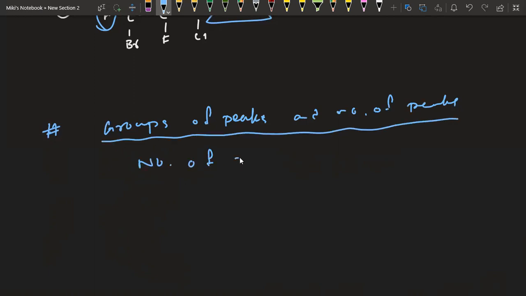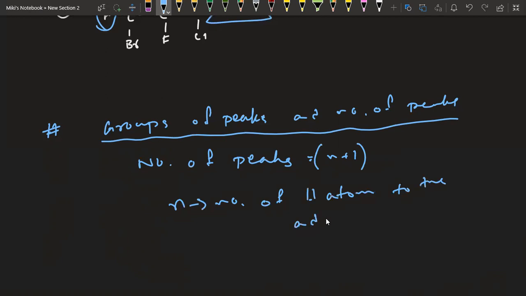Number of peaks is equal to n plus 1, where n is the number of H atoms adjacent to the C atom. That means number of hydrogen atoms adjacent to the carbon atom.